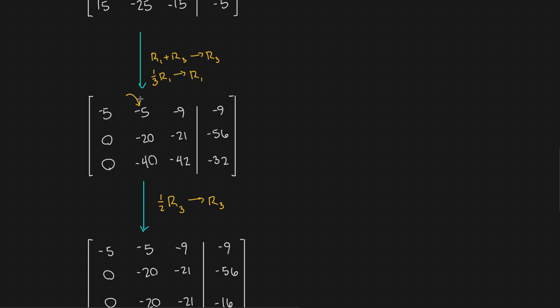So in the next column, the next leading entry, you go to the next row down. In this case, it's just one column over. In that column, I have a leading entry. I want zeros below it. I want this to be a 0. And so you use this entry to get zeros below it.